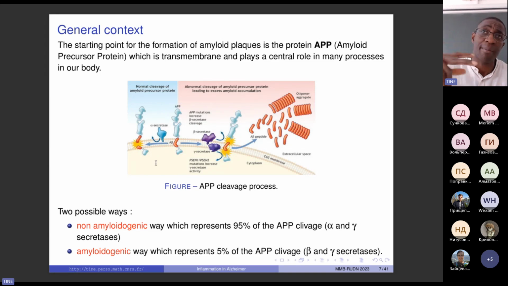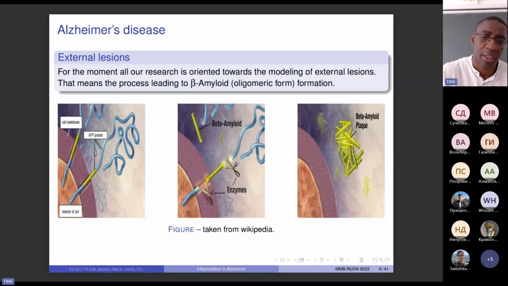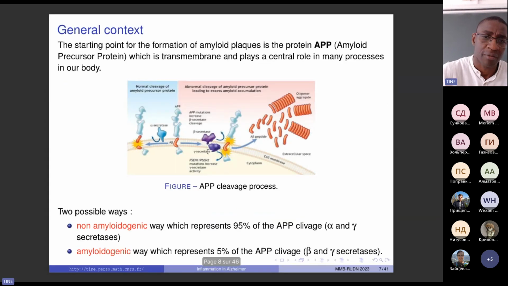When alpha and gamma secretase cut the transmembrane APP, the released part is dissolved in the cerebrospinal fluid, so it plays a nice role for our brain. Of course, sometimes at the place of alpha secretase, it is the beta secretase that cuts.